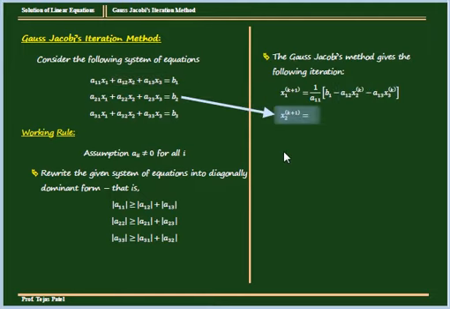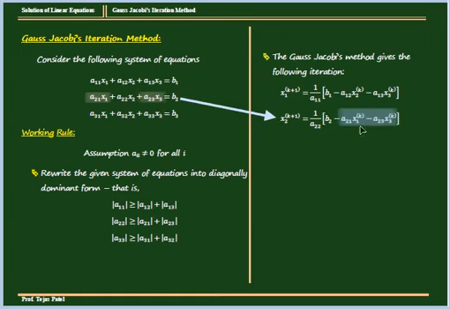From the second equation, x2 at k plus 1: we can see that the coefficient of x2 is a22, and shifting it to the right side gives 1 upon a22. Then here we have b2, so in brackets b2 minus. The remaining terms are a21 x1 and a23 x3, so it will be a21 x1 at k minus a23 x3 at k.